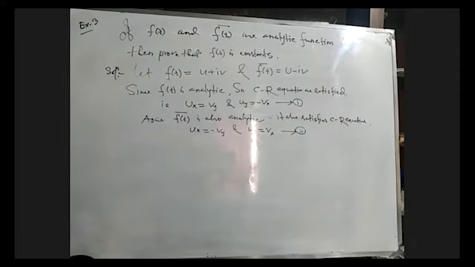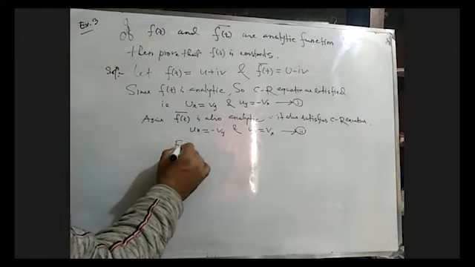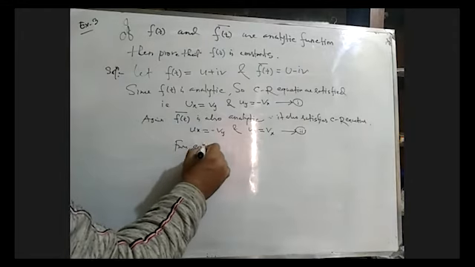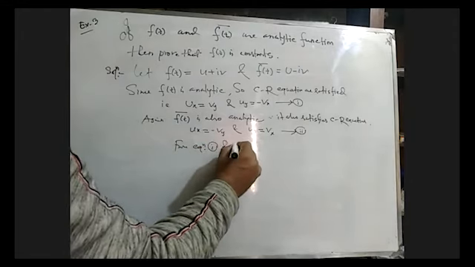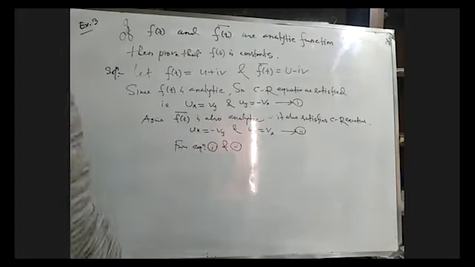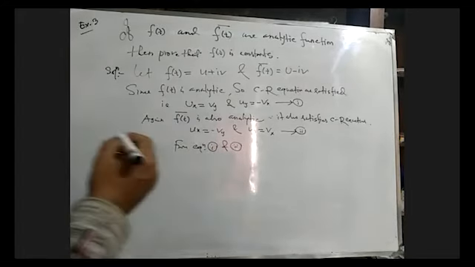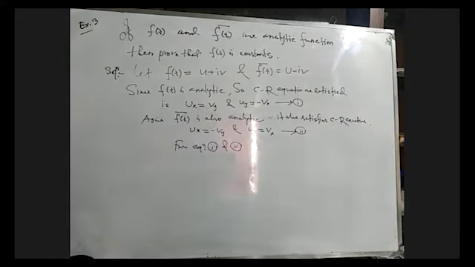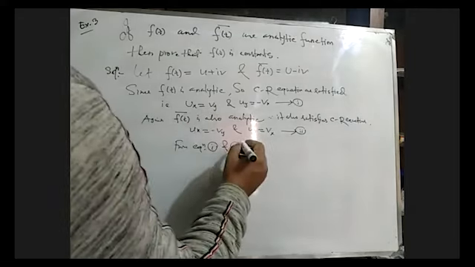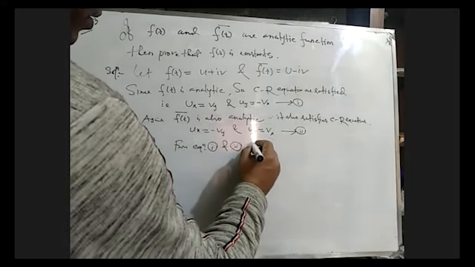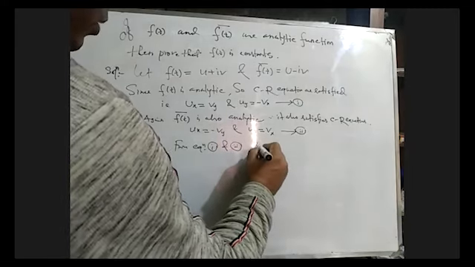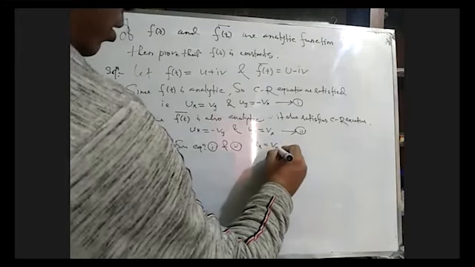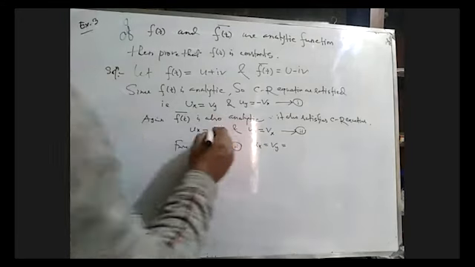Now from equation 1 and 2, we can write twice ux equals to what? By. But by equals to what?